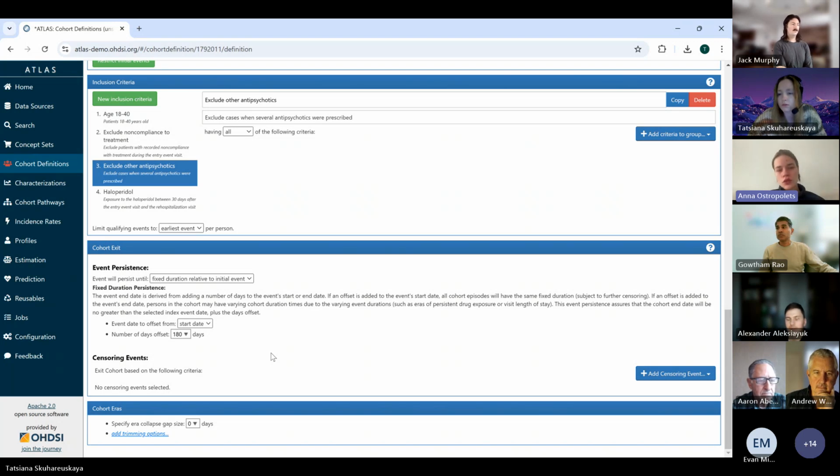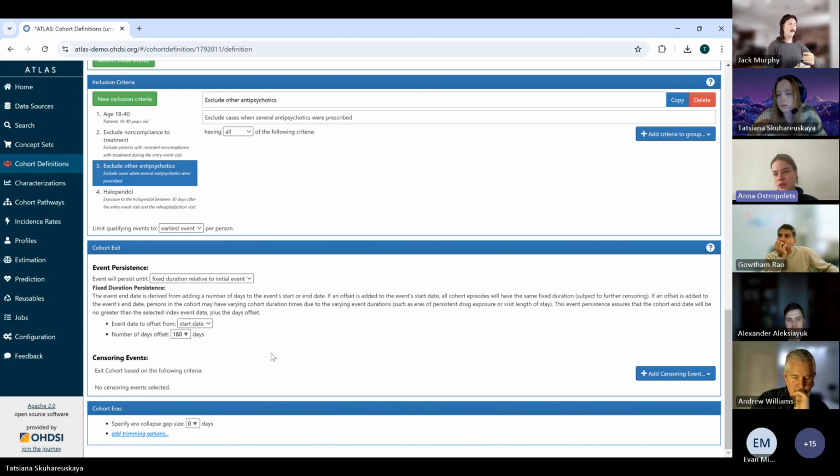So what you can do is exclude patients on other antipsychotics before the index start. And then if you really don't want to capture those patients if they get the antipsychotics after the index date, the cohort exit could be censored at other antipsychotics.